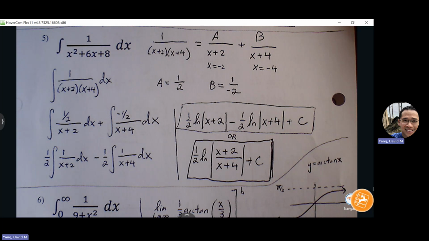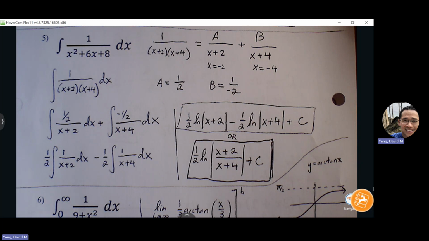Okay, we have our a value and our b value, so now it should feel like a much easier problem. At least from the ones that we do with linear partial fraction decomposition, it's always going to end up being natural log that allows you to get to your antiderivative.